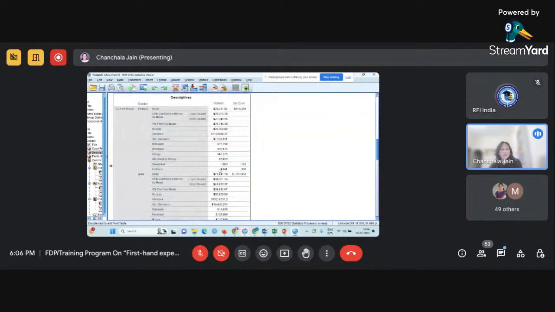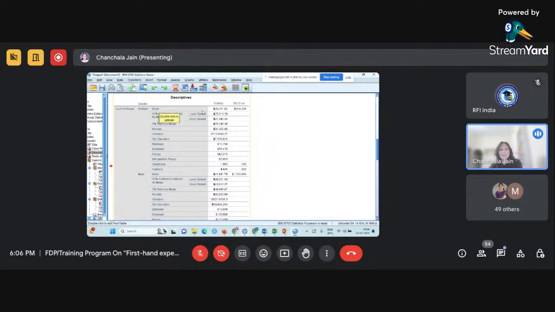Coming to the descriptives, for both the groups, that is for female and male, we are getting the descriptive statistics. Gender is divided into two categories, and for both the categories we are getting these descriptive statistics. So we can look at the mean. It is around $26,031.92.